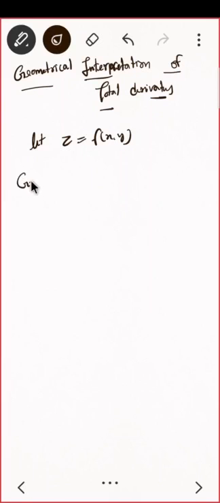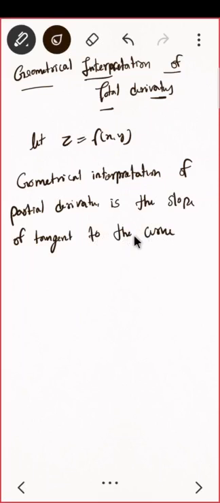It is a tangent, na? The geometrical interpretation of partial derivative is the slope of the tangent to the curve represented by the function at that point.